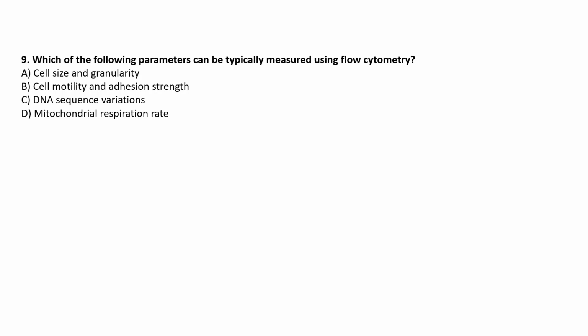There are these live dead stains, or you must have heard of the dye exclusion methods, right? Where you incubate your live cells on ice with this live dead dye. And this dye, if the cell is dead, what will happen?